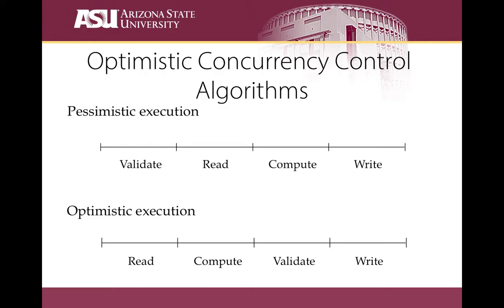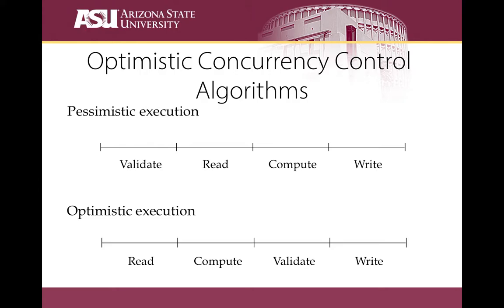It can make the data very consistent. But again, it has issues, because what if you don't have a lot of conflicts in the database? Why do the locks, right? Locks might not be necessary, but it's still going to do it because it assumes the worst.